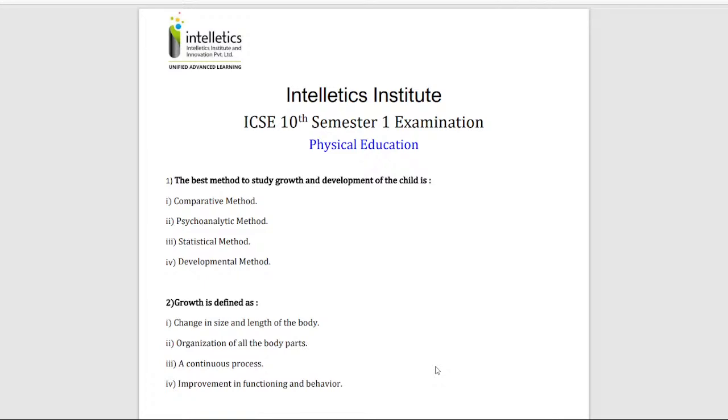The best method to study growth and development of the child is, and your options are first, comparative method, B, psychoanalytic method, C, statistical method, fourth, developmental method.